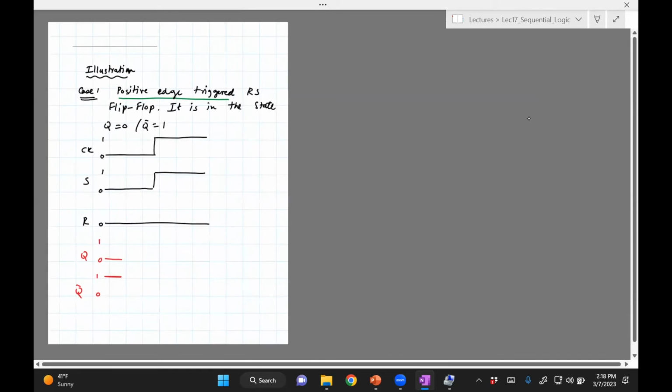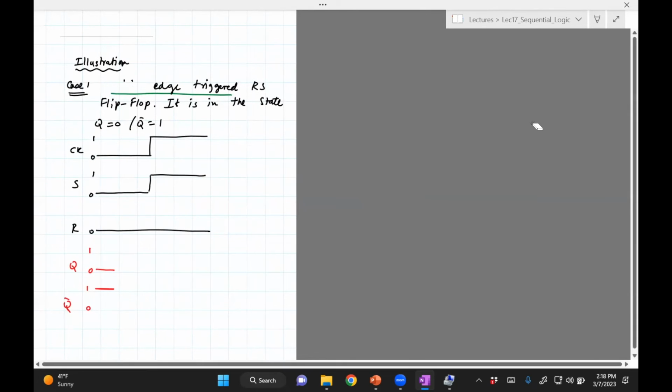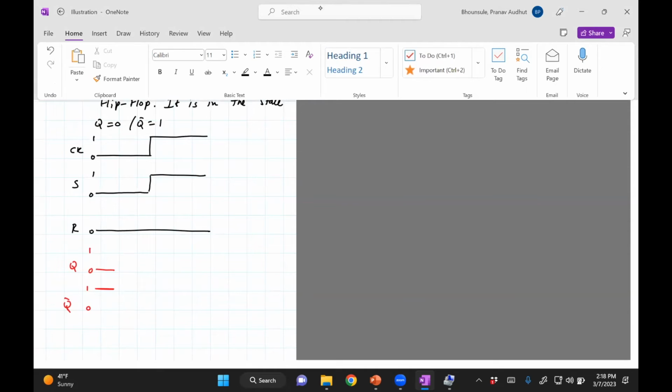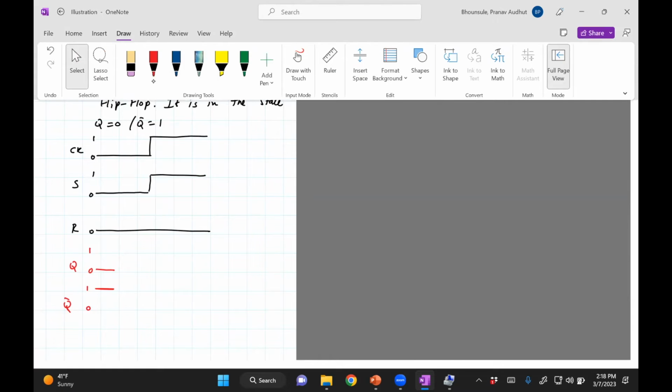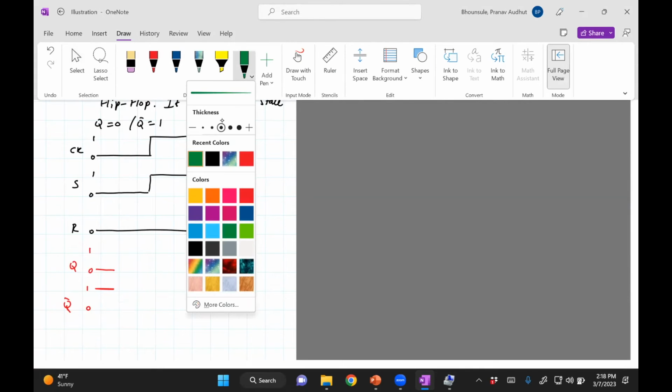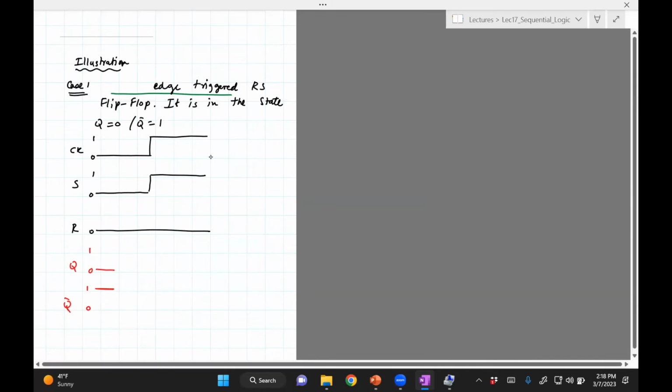So it's the same setup, except that I'm going to change one word here. We can just change it to negative edge trigger. So it's a negative edge trigger device, same inputs.